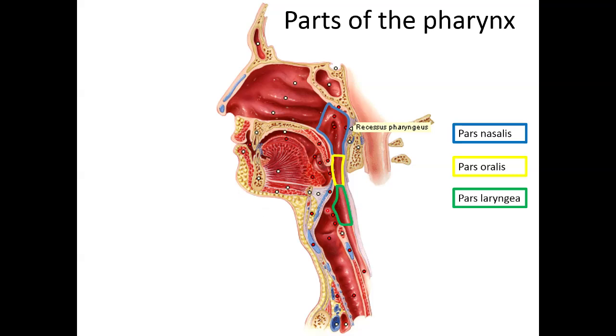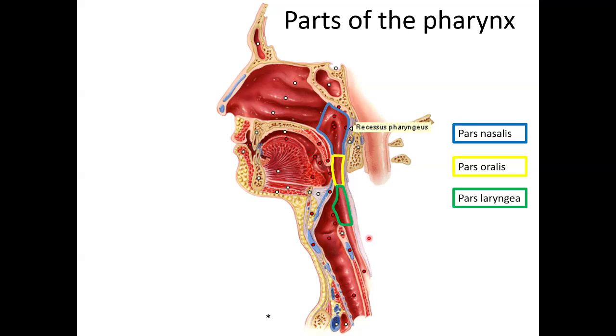So regulation of this process of swallowing will be also damaged. Okay. Parts of the pharynx, we should know pars nasalis, pars oralis, and pars laryngea.